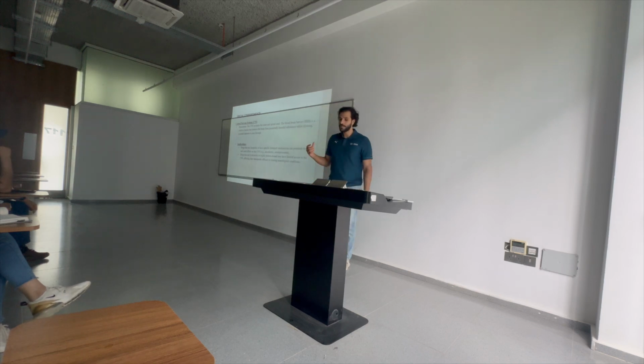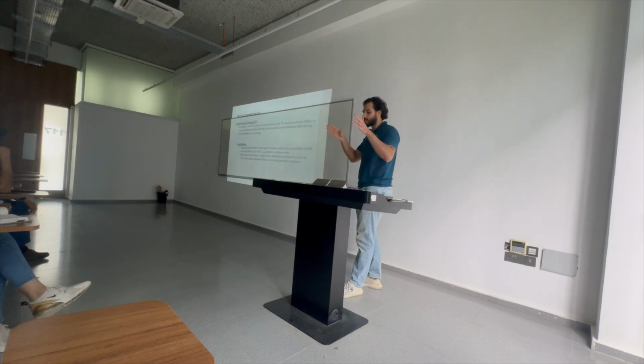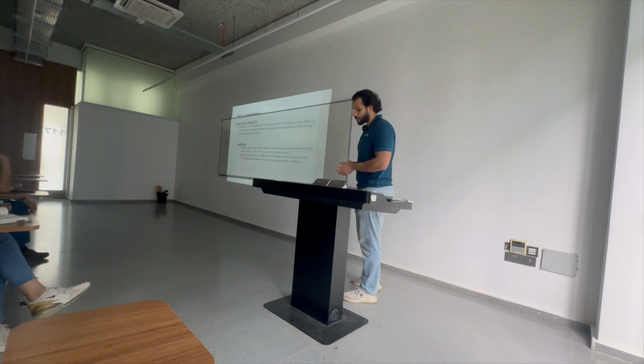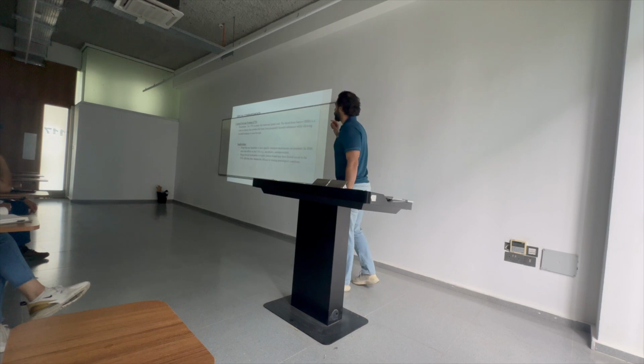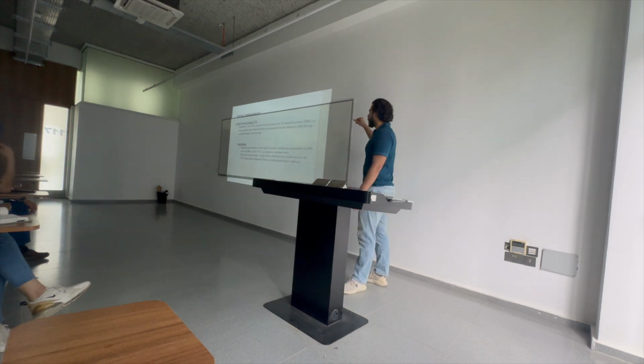The BBB, the blood-brain barrier, is a selective barrier that protects the brain from potentially harmful substances while allowing the essential nutrients to pass through. So this is what the video says.